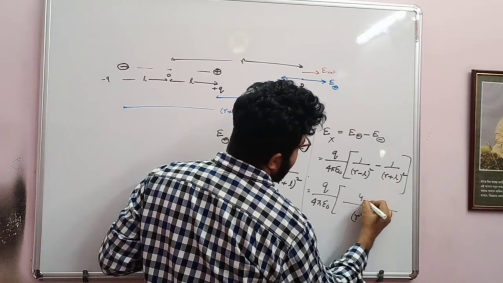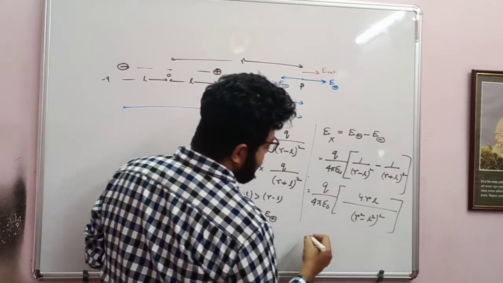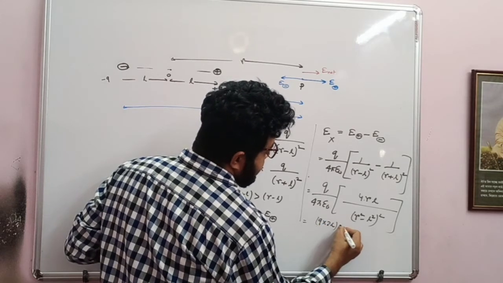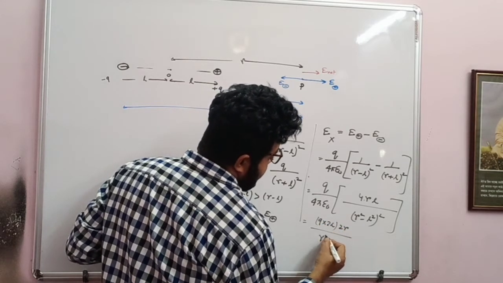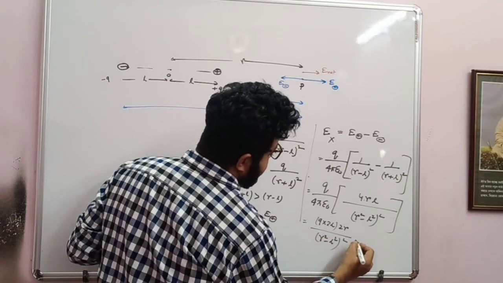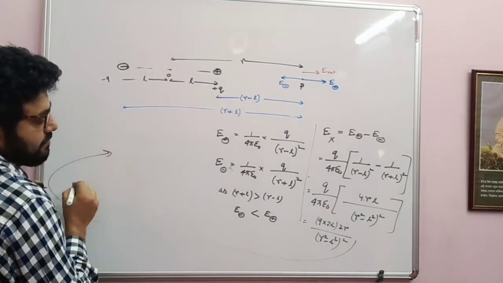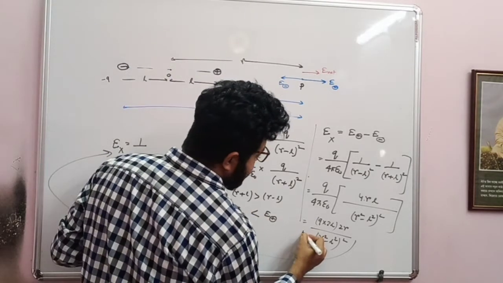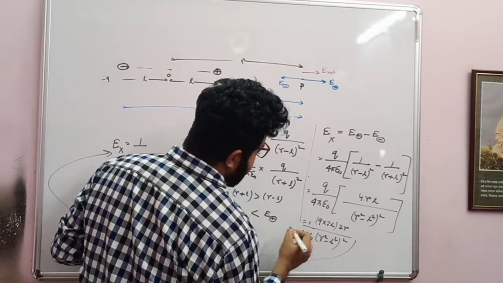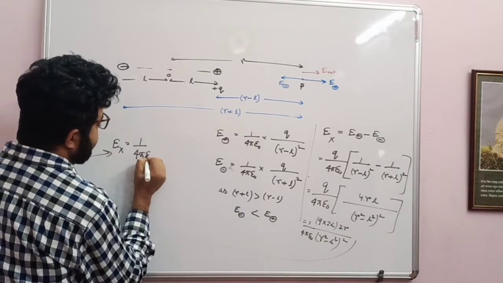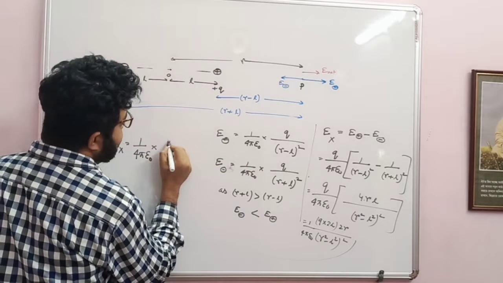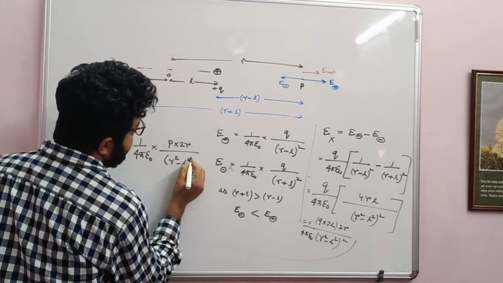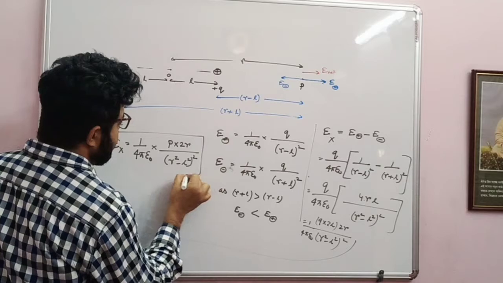So Q into 2L into 2r by r square minus L square whole square, which we can write: electric field axial is 1 by 4 pi epsilon naught, P into 2r by r square minus L square whole square. This is our general formula.